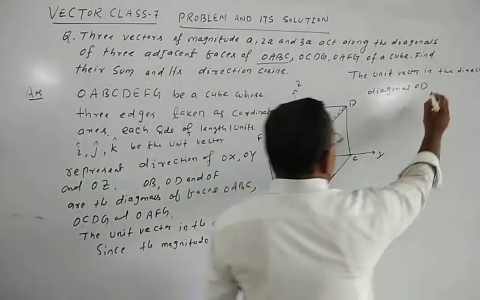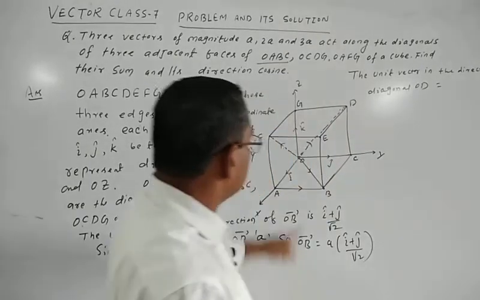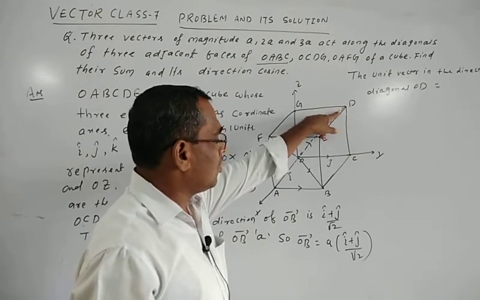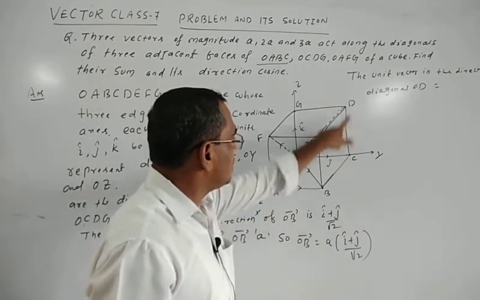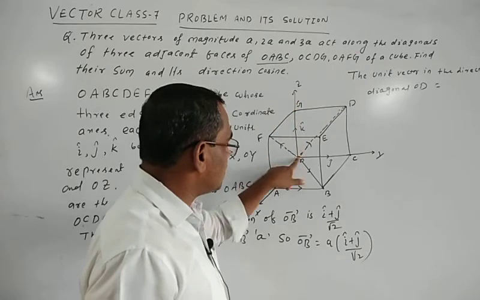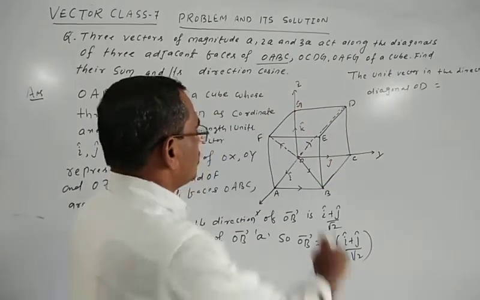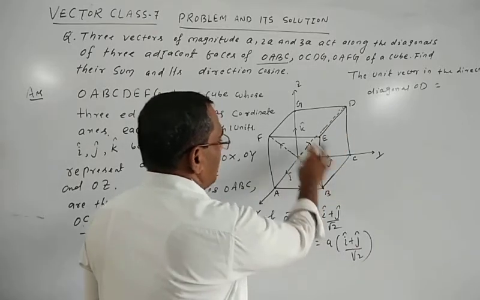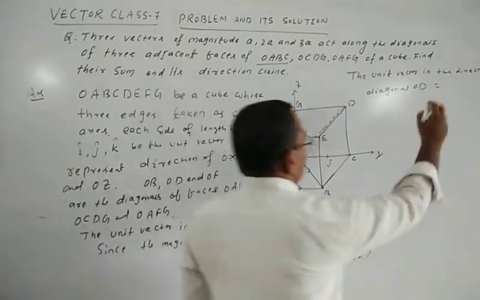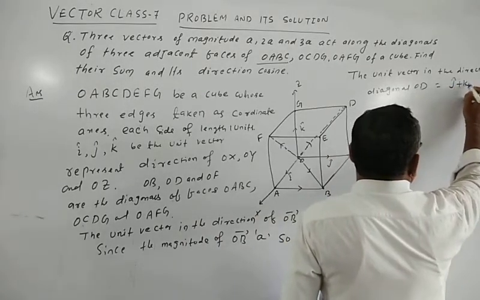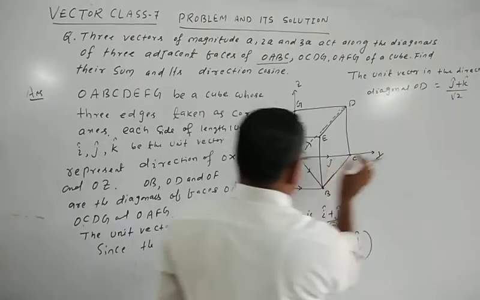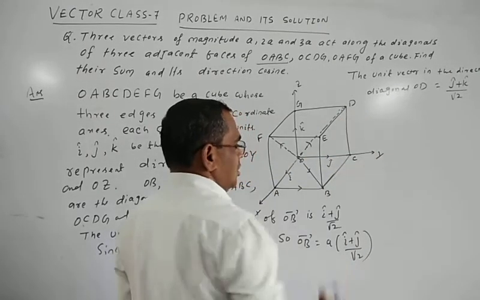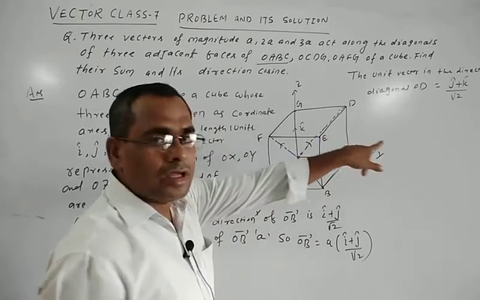What is the unit vector here? OD is the diagonal of face OCDG, and that includes j cap and k cap. So clearly the unit vector in the direction of OD is equal to (j cap plus k cap) by root 2. This one is equal to j cap and this one is equal to k cap. So the unit vector is equal to (j cap plus k cap) by root 2.